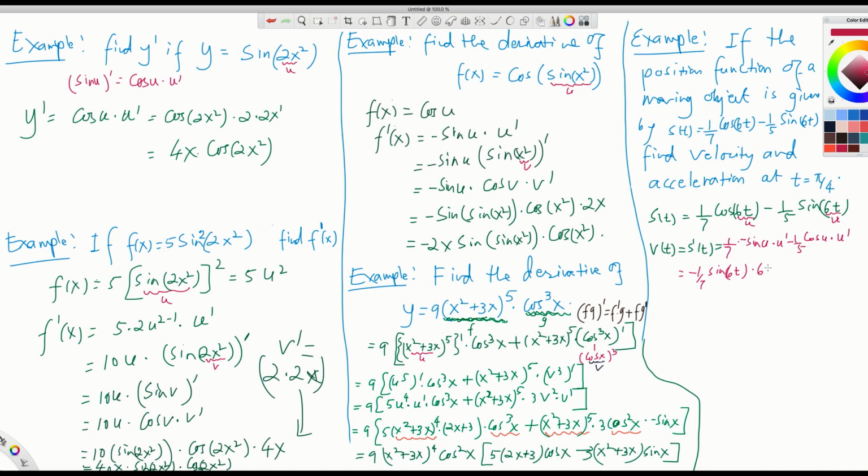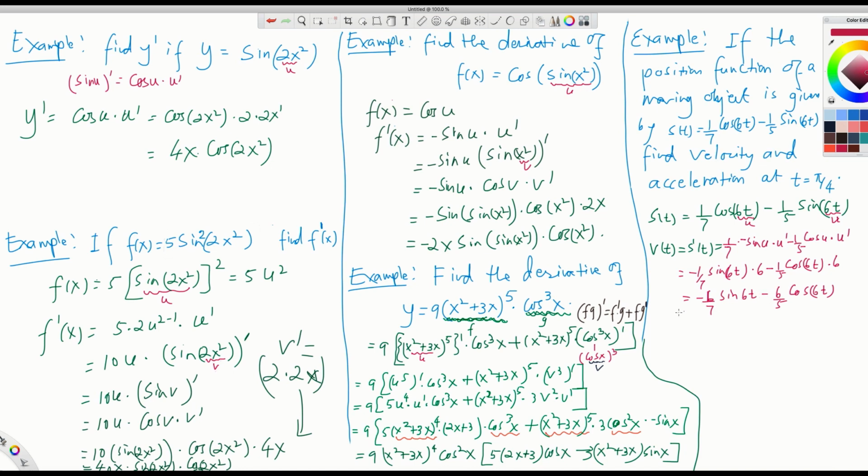Then minus 1/5 cosine 6t, and the derivative of 6t is 6 again. So basically you got negative 6/7 sine 6t, and then minus 6/5 cosine 6t.